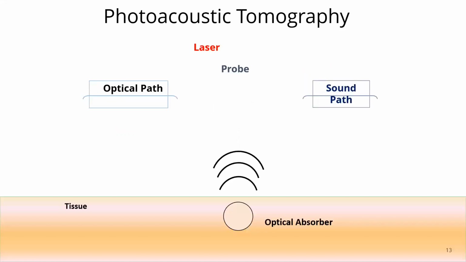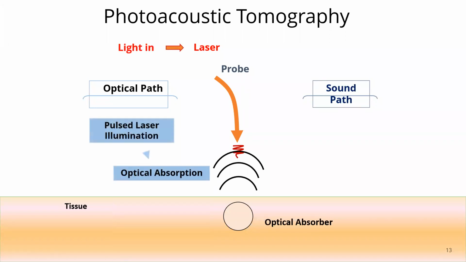So now moving on to photoacoustic tomography. Photoacoustic tomography is also based on a similar concept, that is light in and sound out. When the light falls on our target, the chromophores in the tissue will absorb light. For example, hemoglobin, which is one of the chromophores, can absorb light.